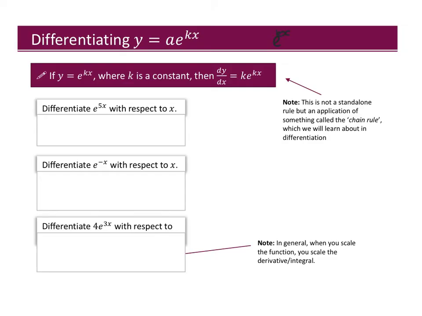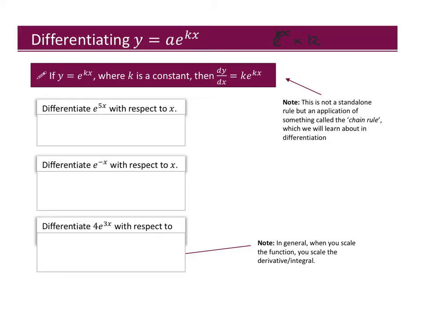Okay, so the trick is, whatever you do, with e to the power of kx, to differentiate it, we just multiply it by the differential of the power. So e to the power of kx, what's the differential of kx? k, so we're just going to multiply that by k.